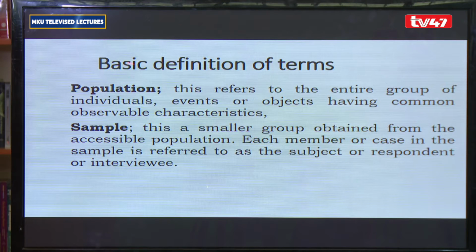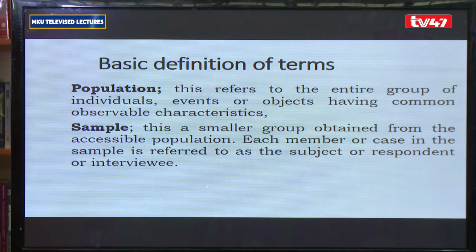Now, for us in research, we are not interested in that kind of population. The biologist will tell you organisms that are in a square meter, and for the historians and geographers in a square kilometer. That is not the kind of population a researcher is interested in.